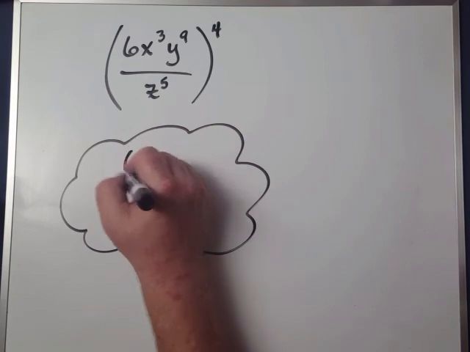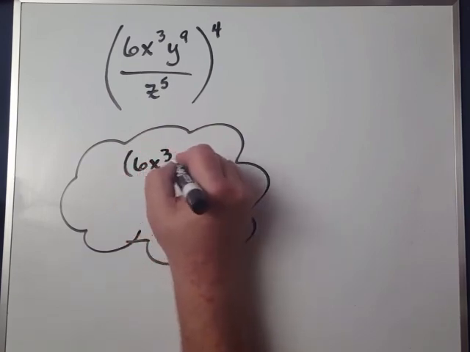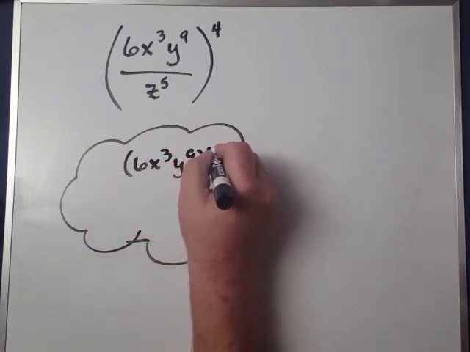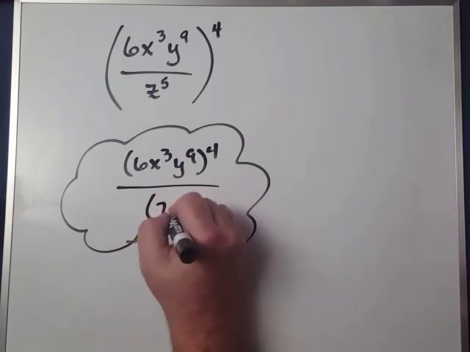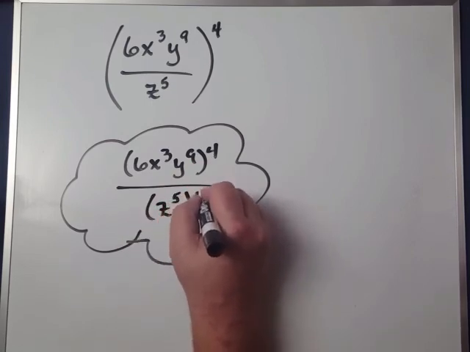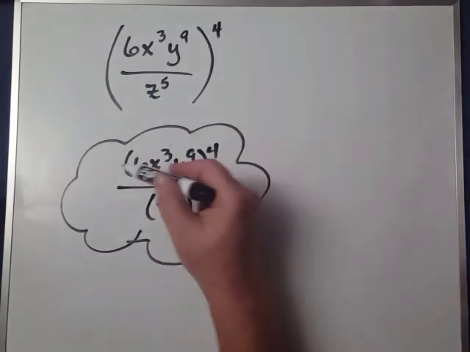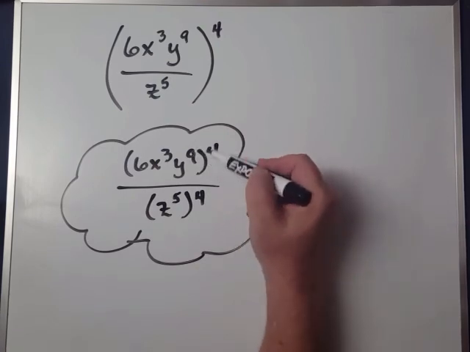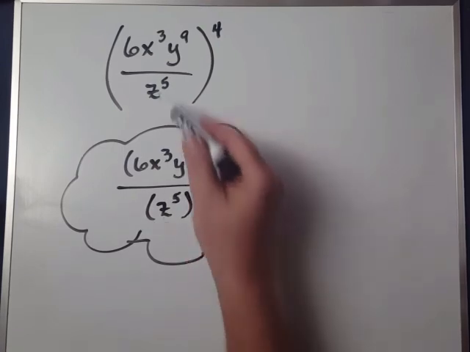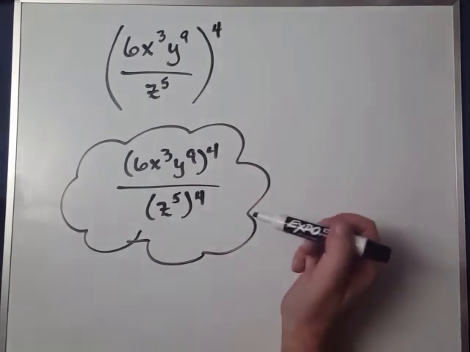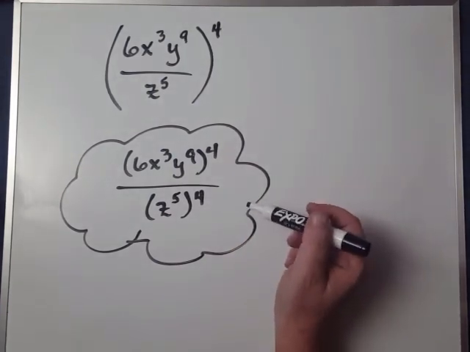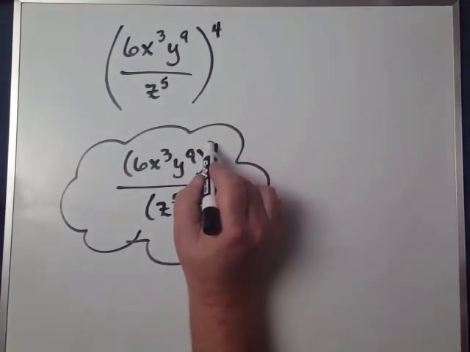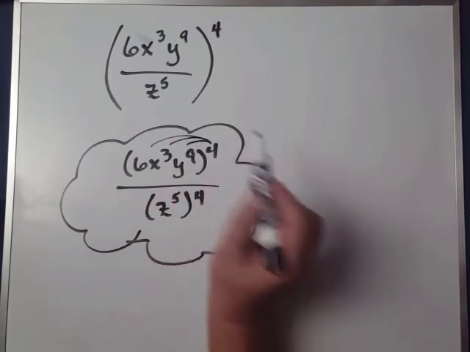That would look like this. I would have that numerator, all raised to the 4th power, over that original denominator, all raised to the 4th power. Then what am I going to do? I'm going to turn around and distribute this 4 over that product.